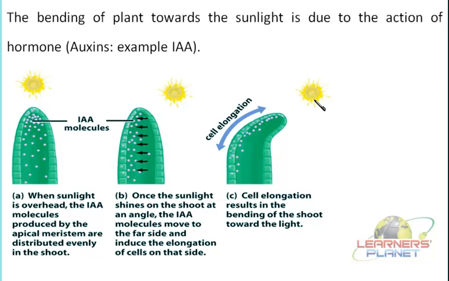So this sunlight, which is a stimulus in this case, has actually altered the function of the auxins in a particular direction, which is visible in the form of bending of the shoot towards the sunlight. So in which part was the growth taking place? It was on the opposite side from where the stimulus is coming, right?